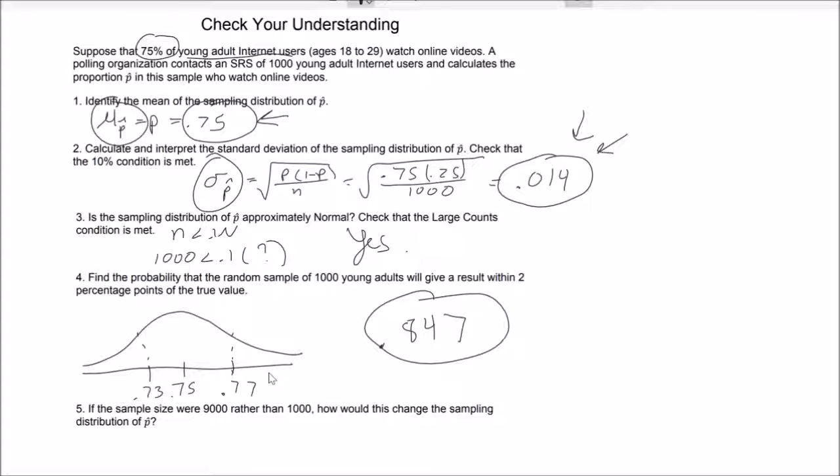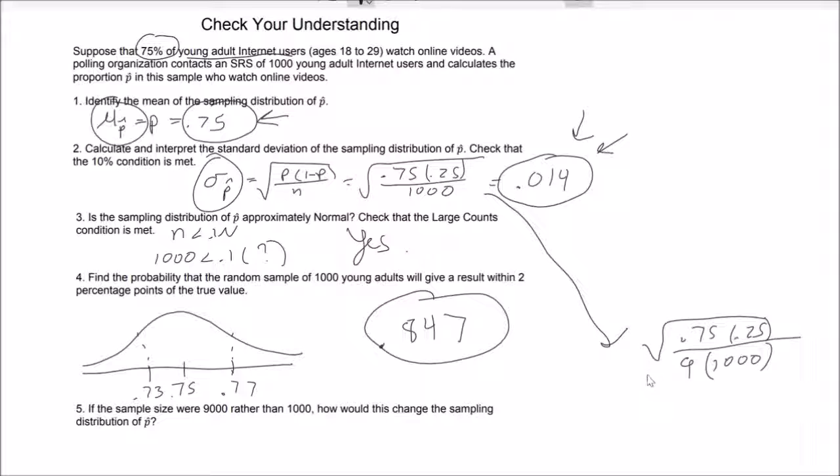And then, if the sample size were 9,000 rather than 1,000, how would this change the sampling distribution? Here's how we think about this. 9,000 is 9 times bigger than 1,000. So what would have happened right here with our standard deviation? We would have had the same old thing, 0.75 and 0.25, and I'm going to put 1,000 here with a 9 next to it just to demonstrate that it's times 9.